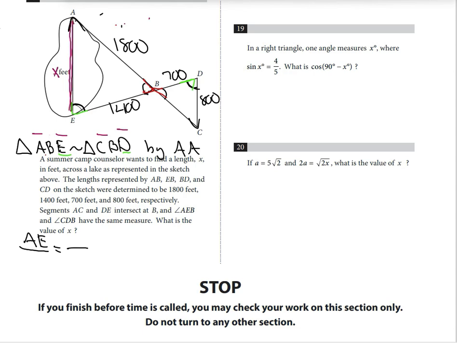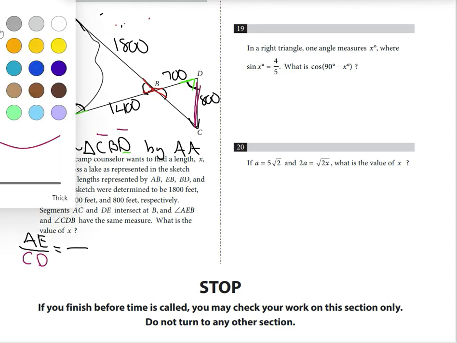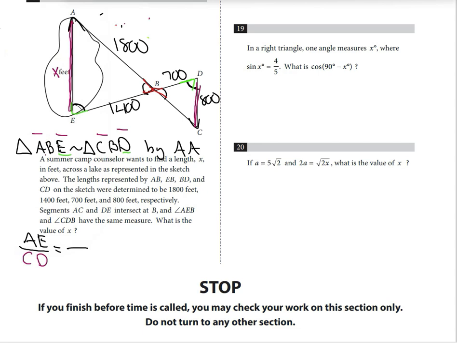So this side right here, AE and CD, those two sides are going to correspond. And then we can do EB.